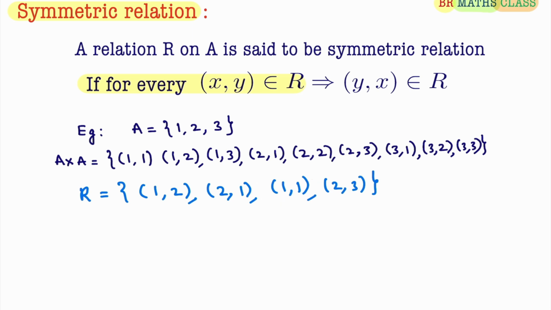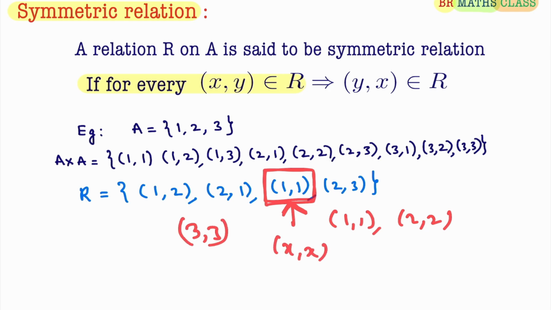One important point is that this type of element always passes the symmetric test. So whenever this type of element comes, there is no need to check the reverse order. 1 comma 1, 2 comma 2, 3 comma 3, x comma x, this type of elements always pass the symmetric test.